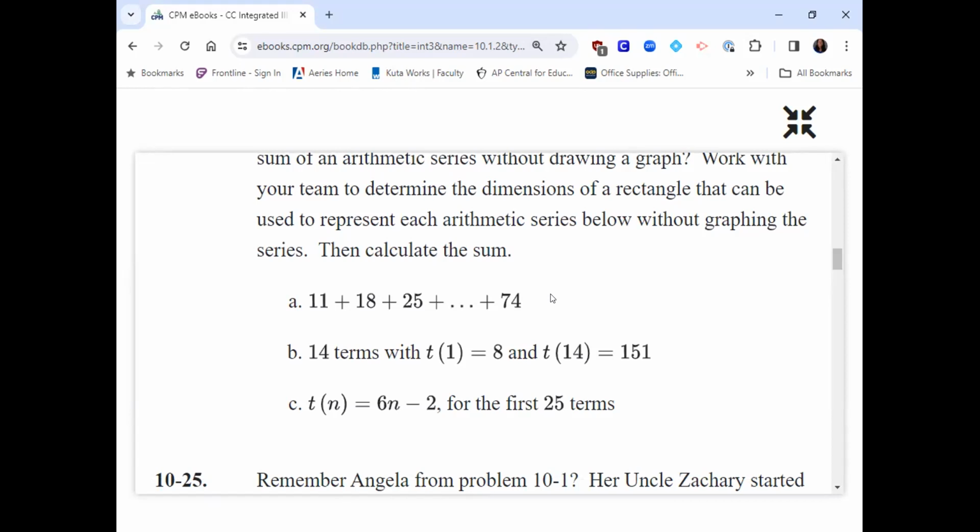Did you get B? If you didn't get B, you're overthinking it. B is like there's nothing to do, you just plug them straight in, go to the calculator. C though.